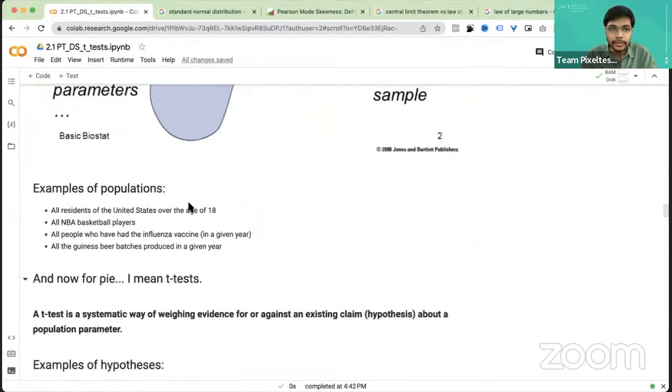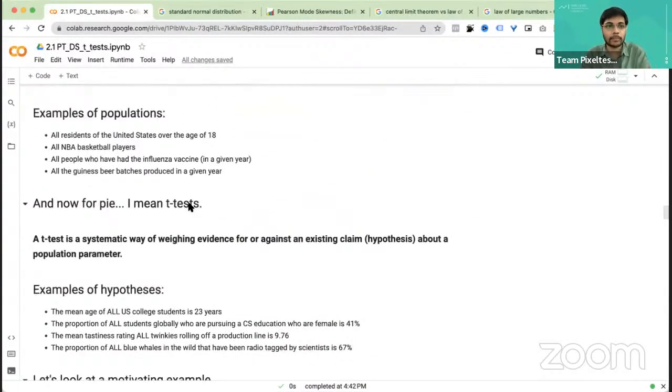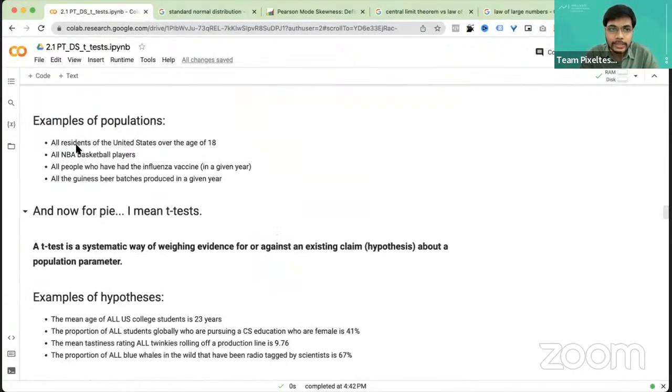Yeah, so now we've understood the statistical analysis. Now, a few examples of populations we'll try to understand. All residents of the United States over the age of 18, all NBA basketball players, all people who have had the influenza vaccine. If you are trying to take a larger population, it could be a set, right?